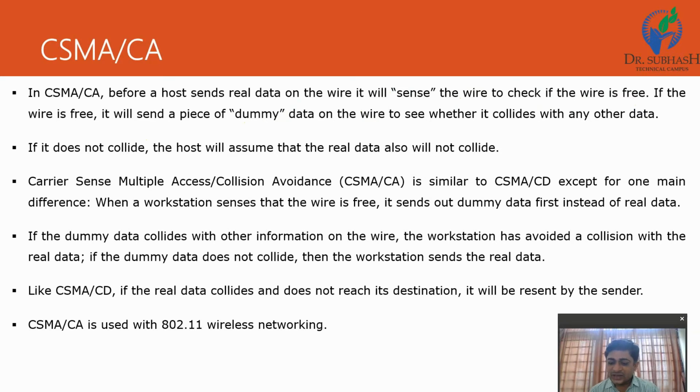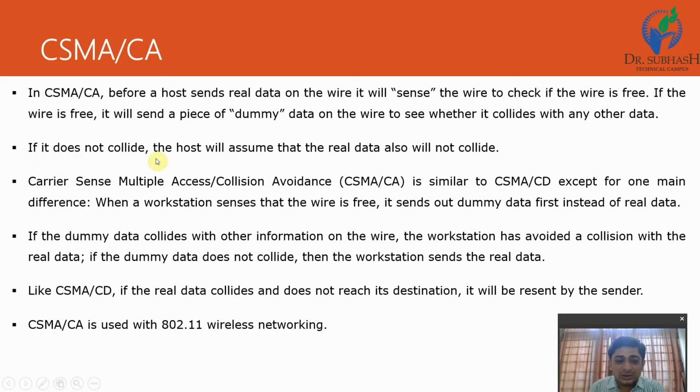If the dummy data is properly transmitted over the network, then the actual data will be transmitted. So CSMA/CA, that means carrier sense multiple access with collision avoidance. That means there is less chance of a collision of your data. So that is more powerful, right?